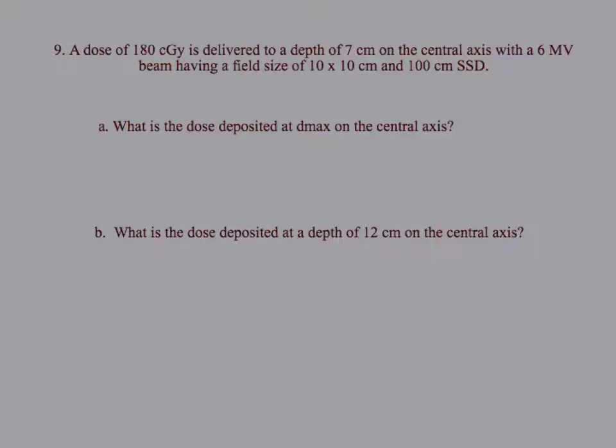I use my percentage depth dose formula. But for this problem, I didn't give you the percentage depth dose, because for percentage depth dose, it's dose at a depth over dose at Dmax. I gave you the dose at a depth, but that's all I gave you. So use your table.